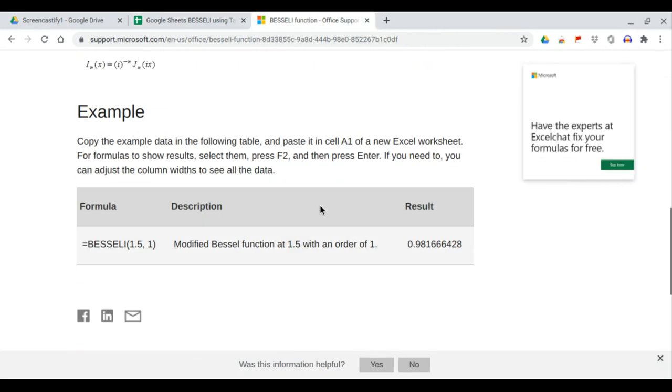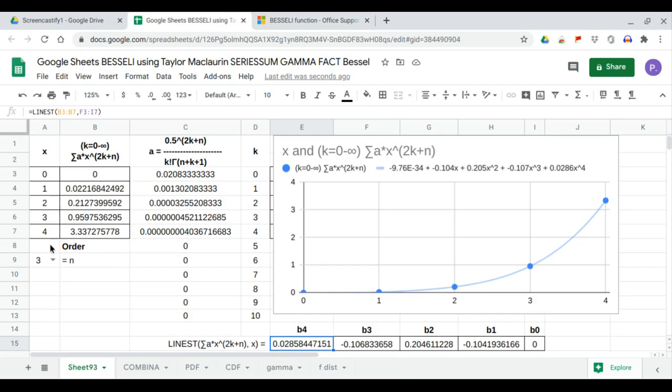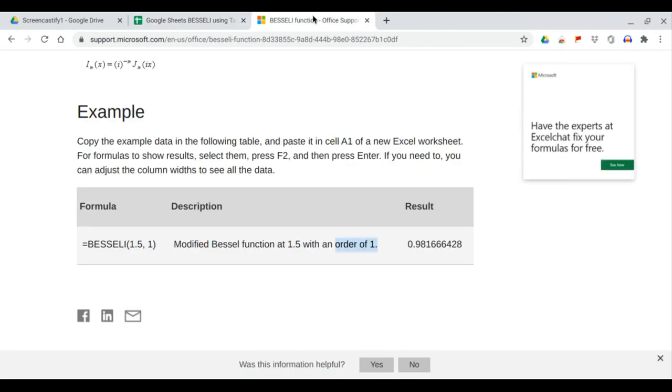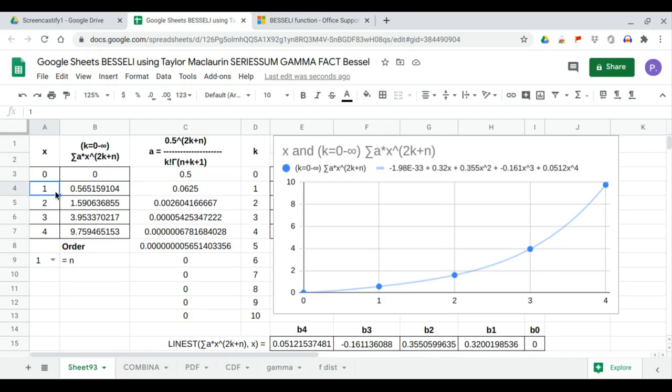So let's go back to the example. This is the example: Bessel I, order 1. What is the function at 1.5? So we'll copy that and paste it here. That will be 1.5.